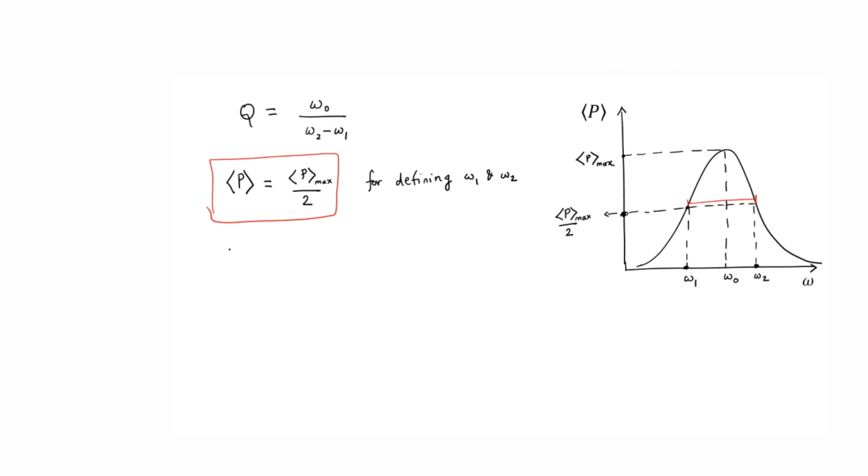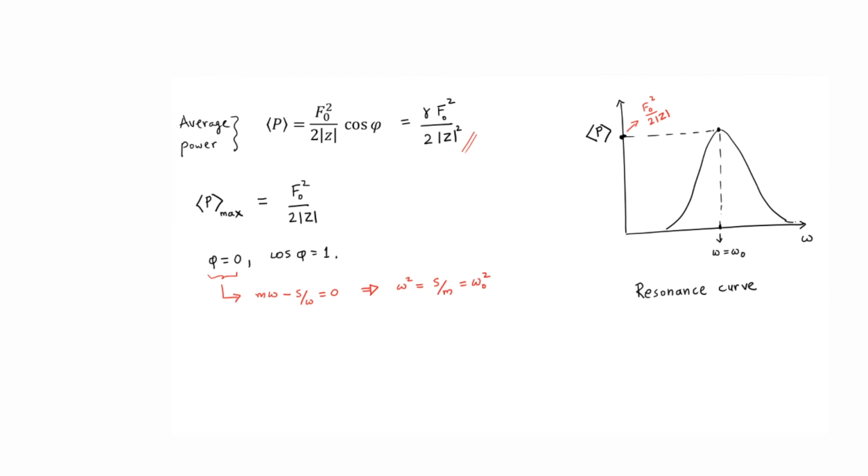So, the left hand side is average power, we derived this result. So, that will be gamma f 0 squared by 2 mod z squared, and the right hand side is the maximum of the power supplied divided by 2. So, that is half into f 0 squared divided by 2 gamma. Remember that we had this relation for maximum power supplied.